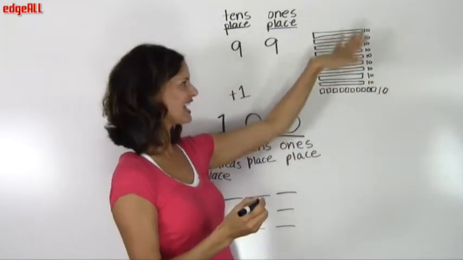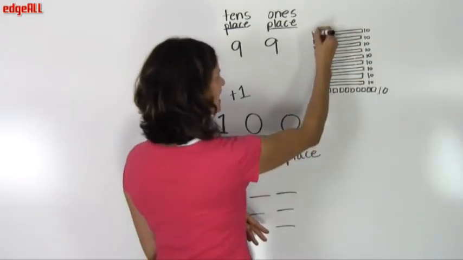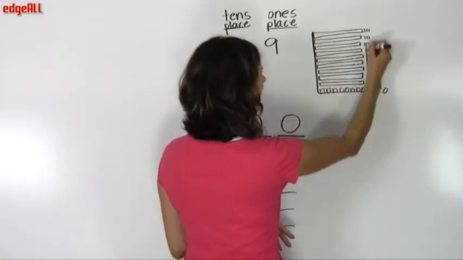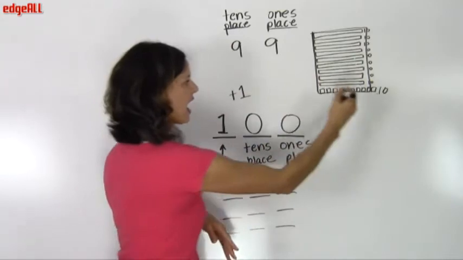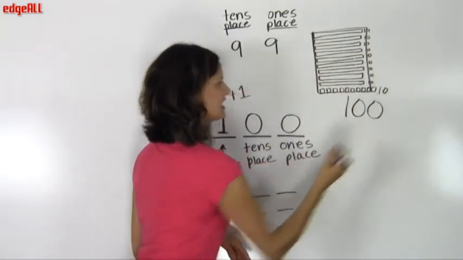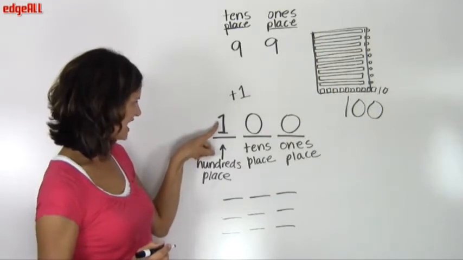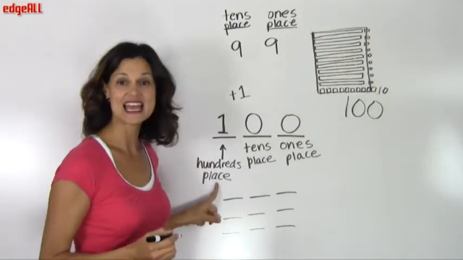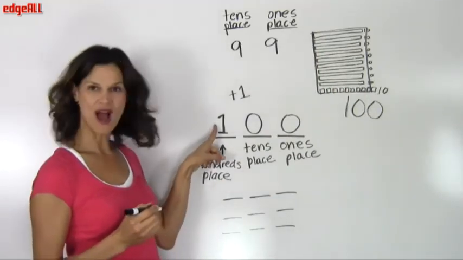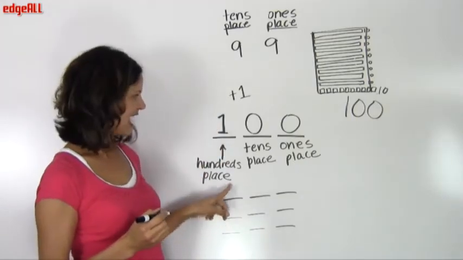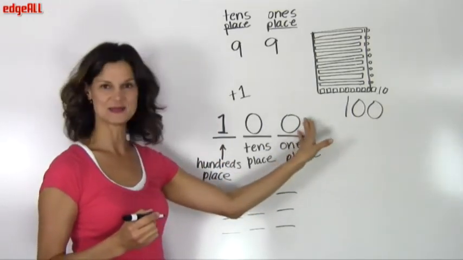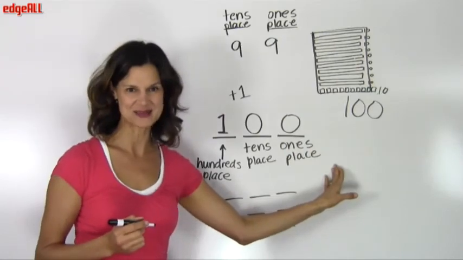But instead of looking at this as 10 bars of 10, we're going to think of this as one big group of 100 items. One big group of 100. So we have 1 in our hundreds place to represent that we have one group of 100, and now we have 0 in our tens place and 0 in our ones place.